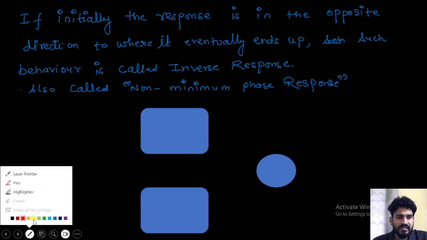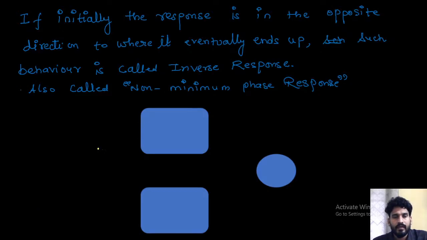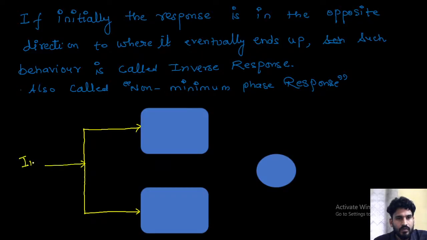Let's suppose one process is purely capacitive, and there are two inputs. So this is the overall input.